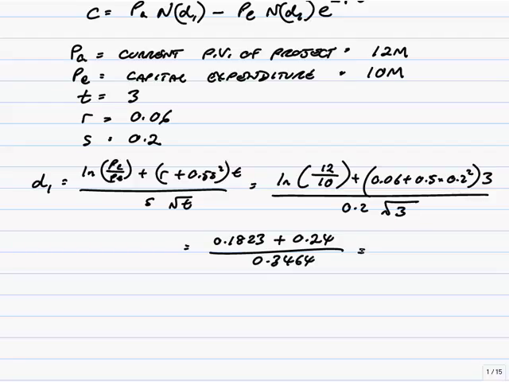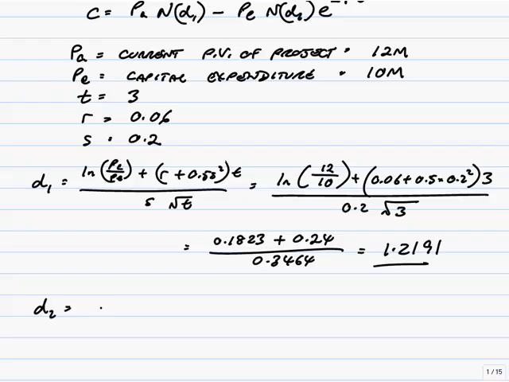So I get D1 to be 0.1823 plus 0.24 divided by 0.3464. I get 1.2191.